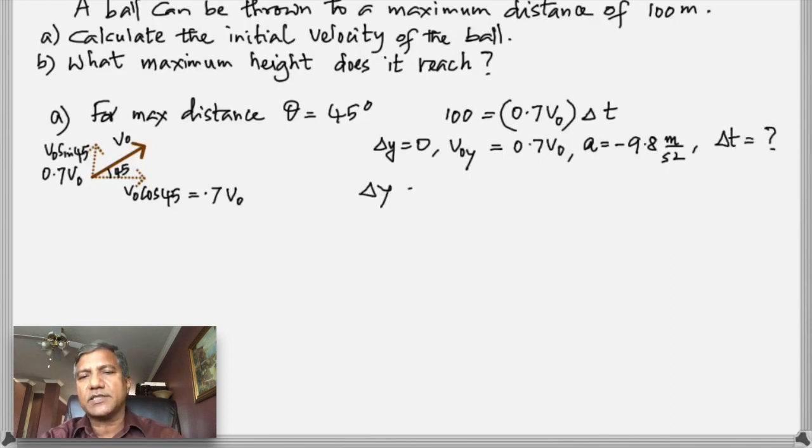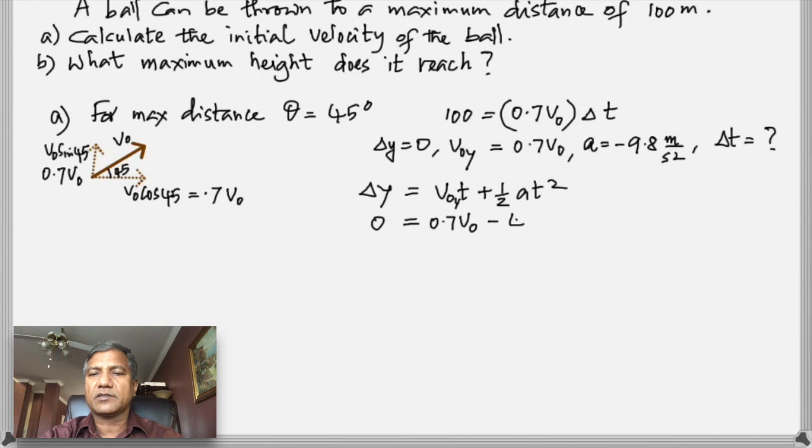So the equation is delta y is v naught t plus 1/2 a t squared. And plug it into that. 0 is equal to 0.7 v naught t. And again, 1/2 times 9.8 is 4.9. And the negative is because it's negative 9.8.